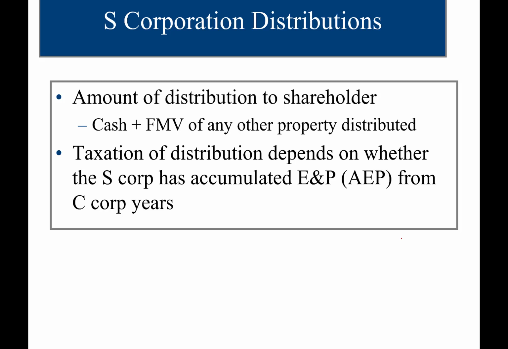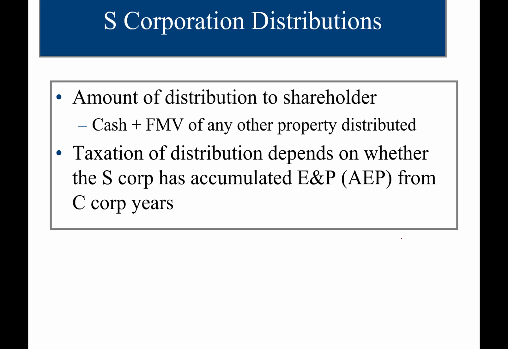If there are no such earnings, then it's simply whatever's been earned while we're in S corporation status that we're going to use to determine if there's a tax consequence to any distributions. If we have earnings that were already accumulated in C Corp status, then we're going to have to consider those in determining if there's any taxable consequence to distributions.